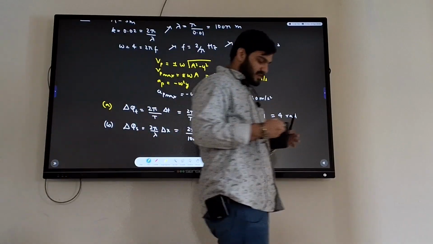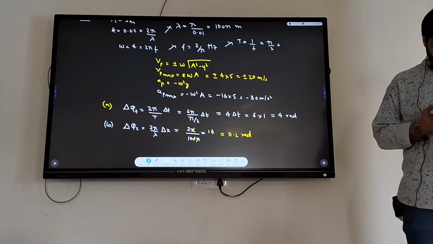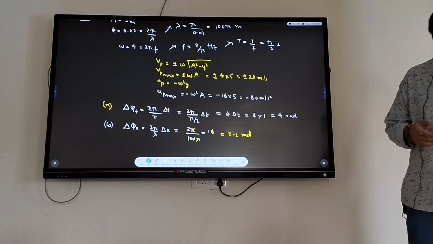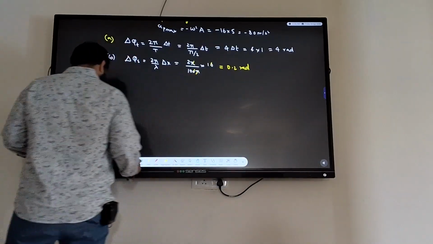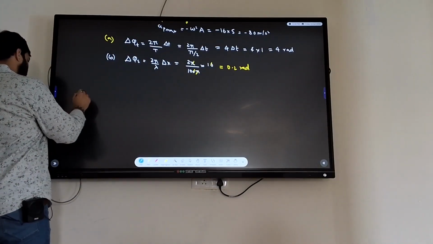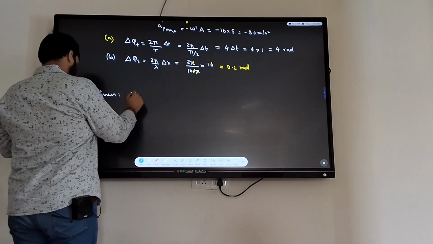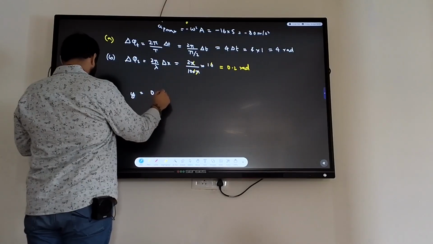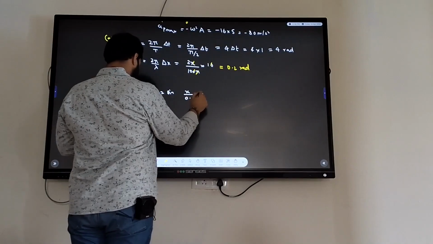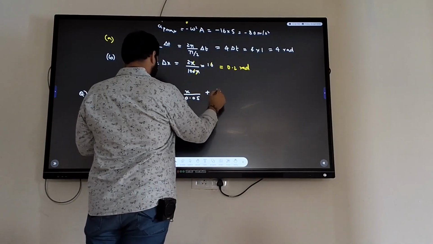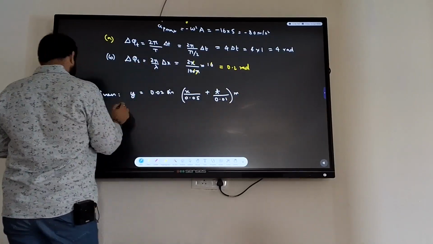Then let me give you a very simple question again as a homework, so try this one as a homework. y is equal to 0.02 sin, plus t upon 0.02, find.